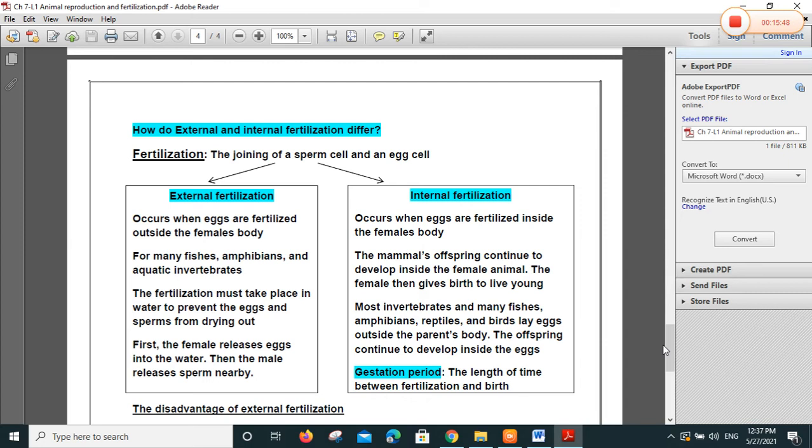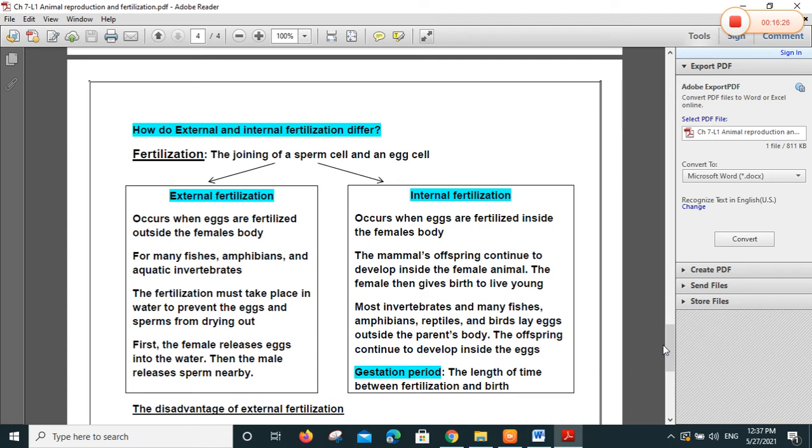So the fish or the aquatic invertebrates release a huge number of eggs, some fertilized and some destroyed. Also the male releases a huge number of sperms. Some live and find an egg to fertilize, and the others are destroyed by water currents.